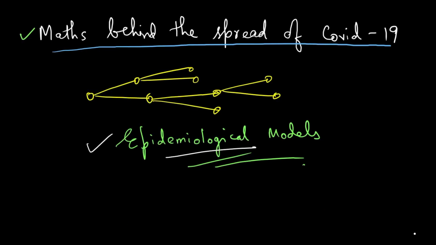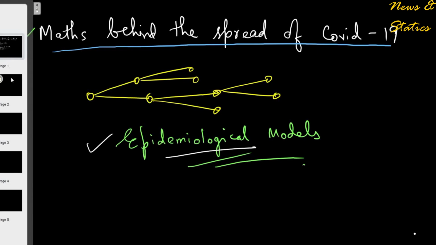So we have different epidemiological models for any infectious disease, and the kind of model that we shall be discussing is the SIR model. Essentially, under this model, the entire population is broken down into three compartments: those who are susceptible, that means those who haven't contracted the infection but are prone to contract the infection in the future; those who are infectious, that means those who are presently infectious; and those who have recovered.